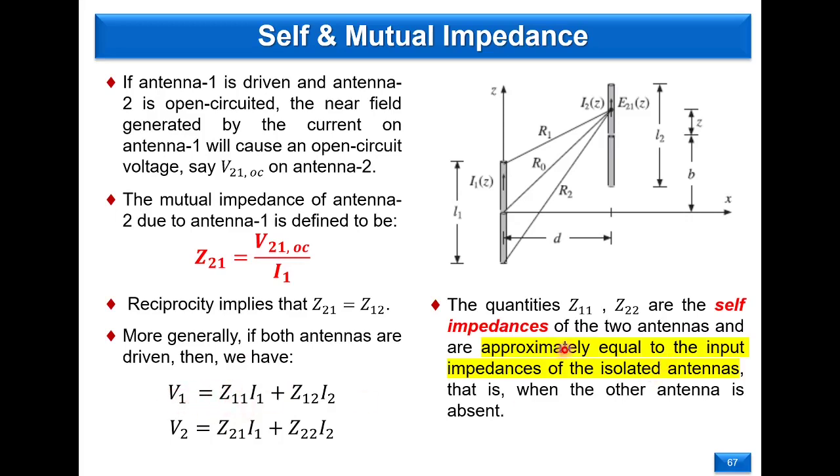The self impedance approximately equals the input impedance of the isolated antenna, when it is next to nothing, when it is by itself.